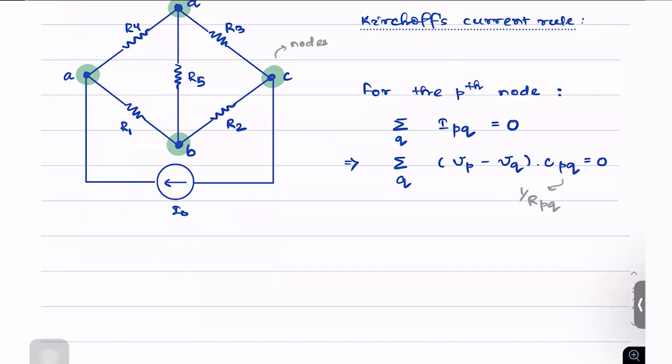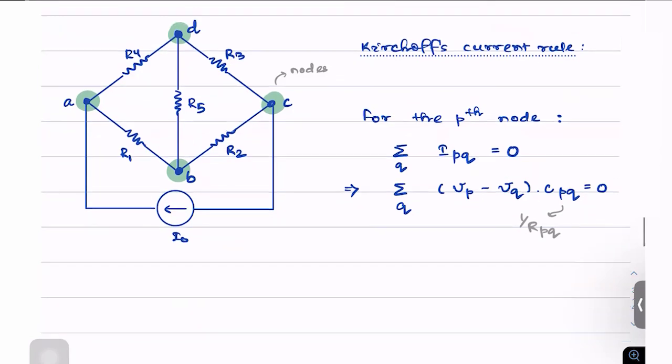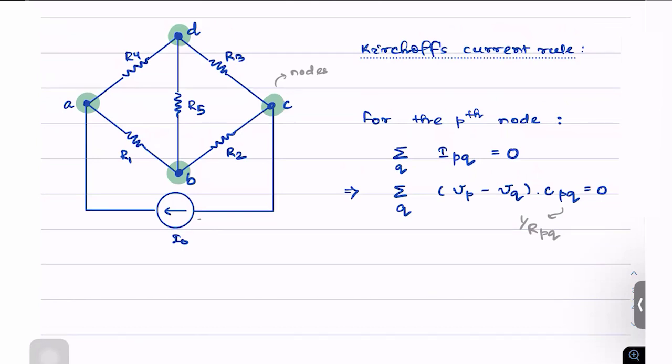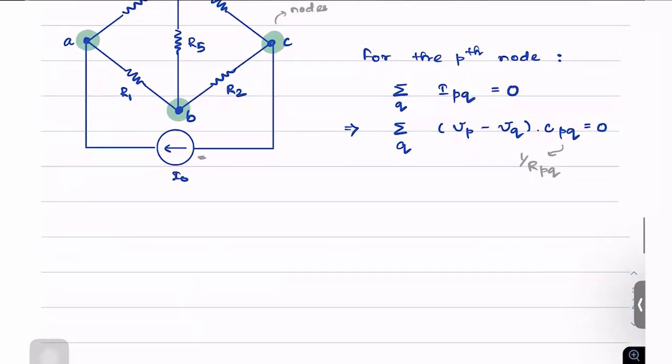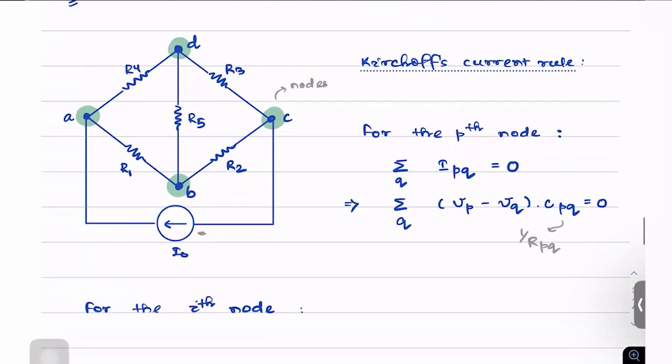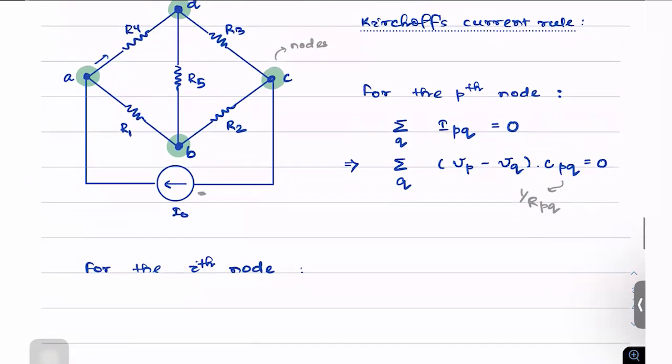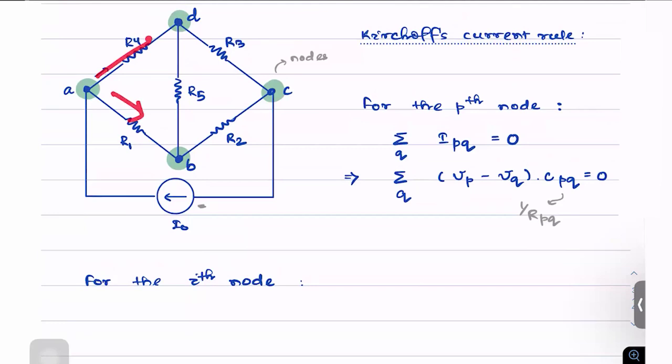While this summation adds up to 0, of course, we have a current source here, as we can see. Now, when we apply Kirchhoff's rule here, what we would rather get is something like that. Let's write it for the ith node. Now, we can keep aside this incoming current on one side and then the rest of the currents, the rest of the branches, separately.